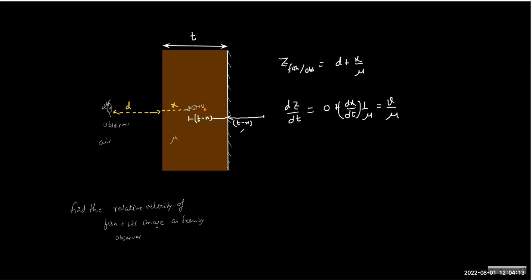So the distance of the image as seen by the mirror is 2t minus x behind, but for the observer it will be how much? By mu, right? You have to divide by mu. Anyway, the whole idea is simple.